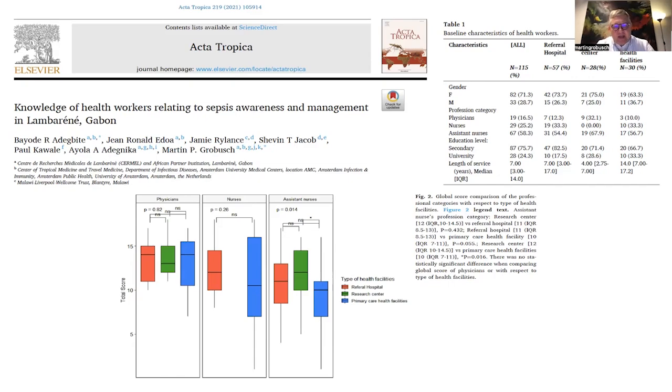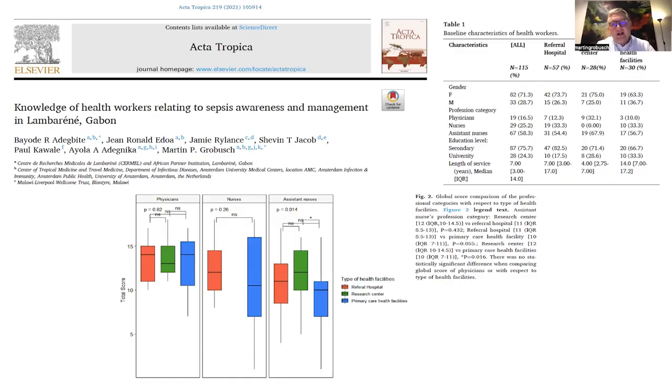So, as I said already, even in a resource-poor setting, and maybe particularly there, awareness, alertness, and basic knowledge about what in which disguises and with which features sepsis might present before it progresses to a septic shock pattern is really essential.